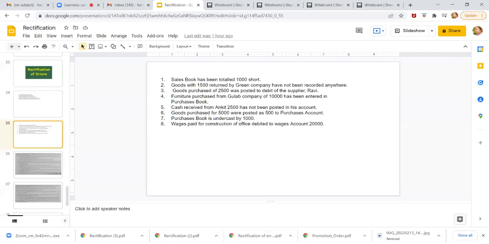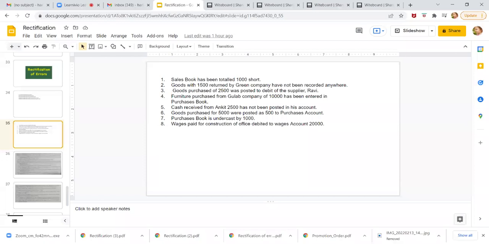Yes, very good. And sixth is purchase account debit to suspense account credit with the amount of 4,500. Seventh is purchase account debit to suspense account credit with the amount of 1,000.